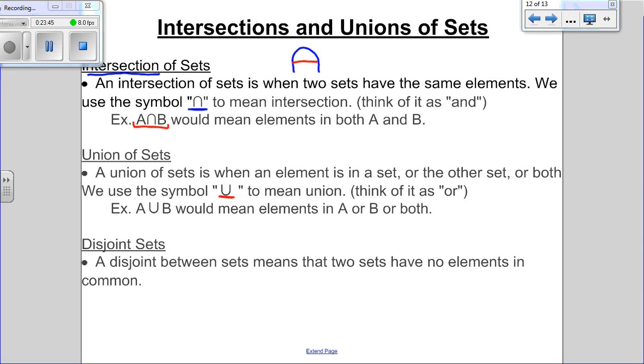If you were to read it, it would go, something is an element of A or B. It doesn't have to be in both. It just has to be in one or the other, or it could be in both. So when you talk about the union of sets, which is this symbol, it's talking about a lot of things. It's including anything from set A, and anything in set B, and anything that's in both sets.